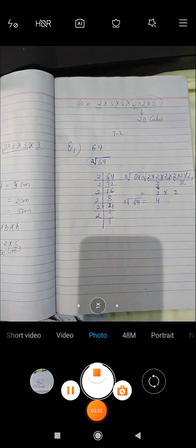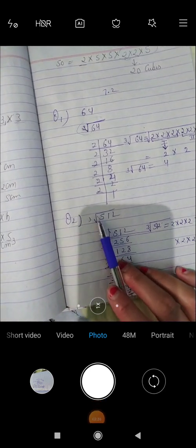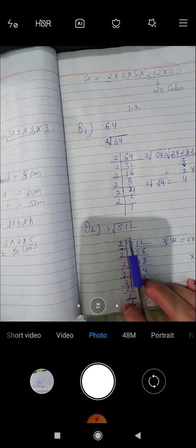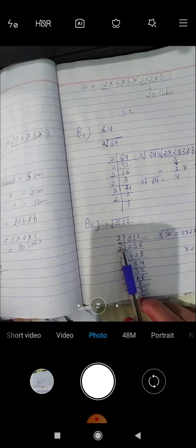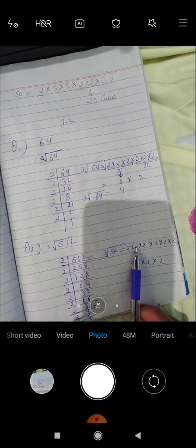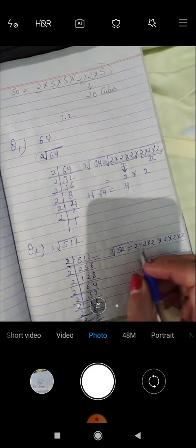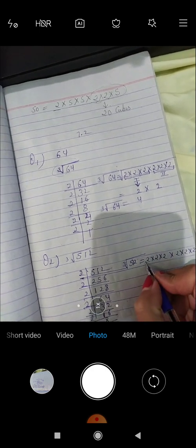Move to our second question, and our second question is 512, and we have to find the cube root of this number. For the cube root of 512 we factorize our number and its factorization is 2 multiply by 2 multiply by 2 up to 9 times. In the next step we make groups, taking three numbers at a time.